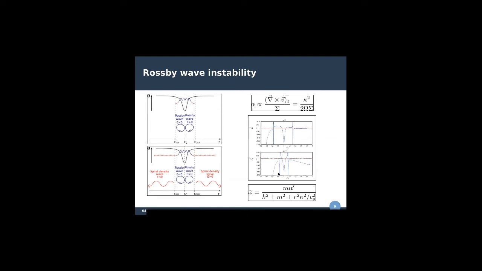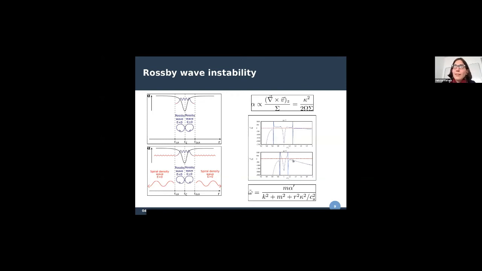And you see here two examples of potential in which this wave could propagate, depending on the azimuthal mode number of this wave, here, 2 and 5. And you see that there are two regions where the potential is negative, where the wave can propagate. So in the region of the extremum, here where you have the two Rossby waves, and also inward where you have a spiral density wave, and outward. And depending on the mode number, the width of the forbidden region changes, and there is a loss of energy through this forbidden region.